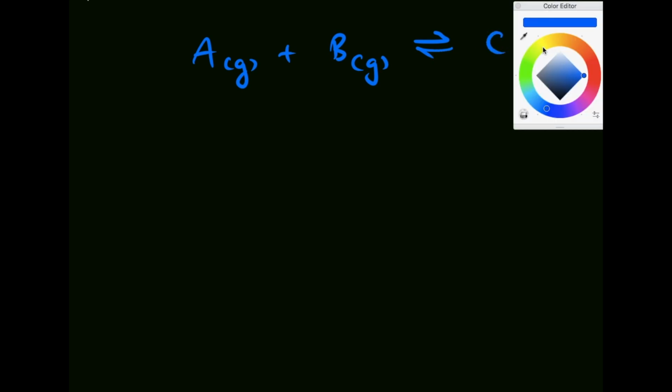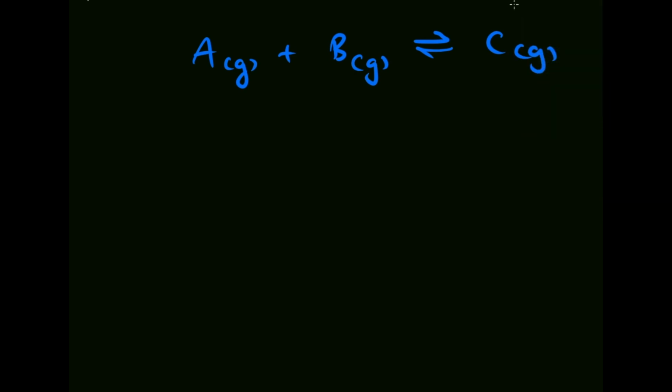Let's just have a look at this generic reaction. Say we have A gas reacting with B gas to form C gas, okay? And let's suppose that this reaction takes place in an open system for now.